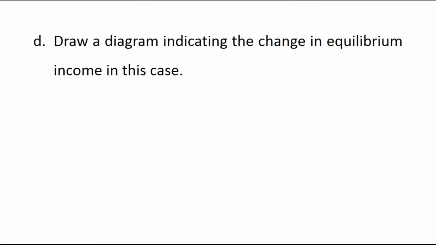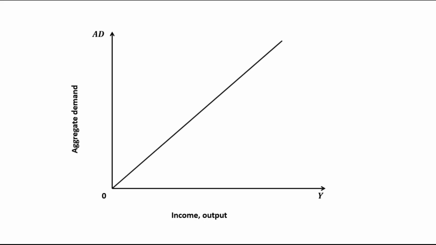Next part: draw a diagram indicating the change in equilibrium income in this case. So here we have two axes. This is the origin. On the horizontal axis we have taken income or output, and on the vertical axis we have taken aggregate demand. This is the 45-degree line.